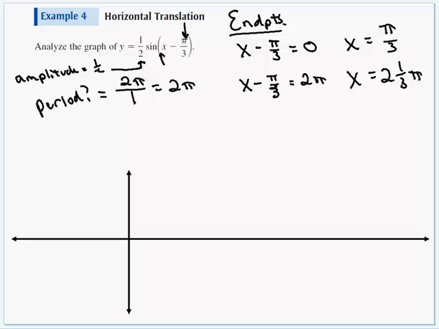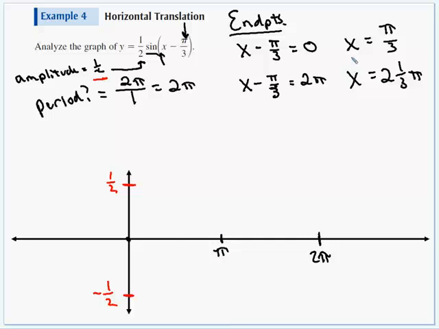And let's start to put this information together in our graph. The amplitude is 1/2, so we know the peak of our hills will be at positive 1/2. The bottom of our valleys will be at negative 1/2. Now the sine function usually begins at 0 and ends at 2 pi, and right in the middle between 0 and 2 pi is pi.